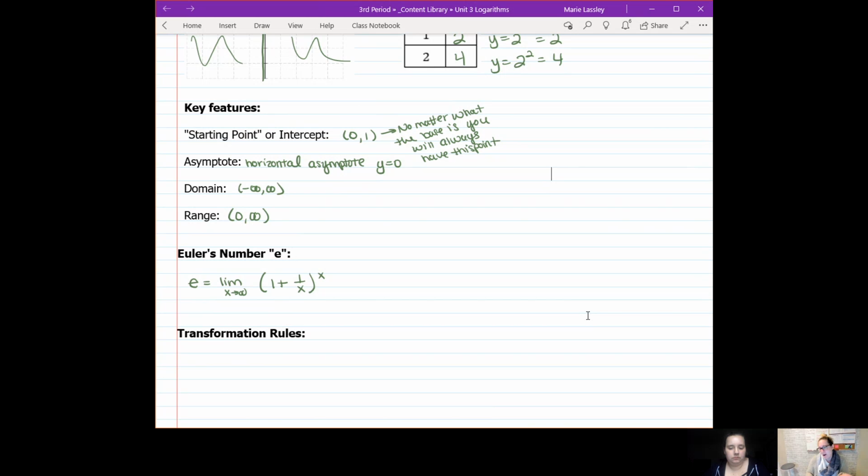We're not really going to do anything with this. We're going to be honest with ourselves. But I do want you to know that it is a number. It's approximately 2.71827. 2.7 is all I actually remember from Euler's number.